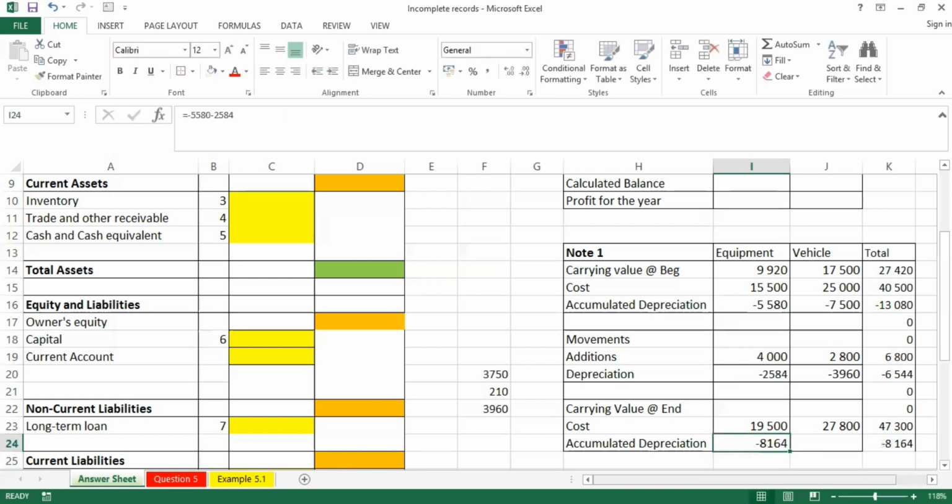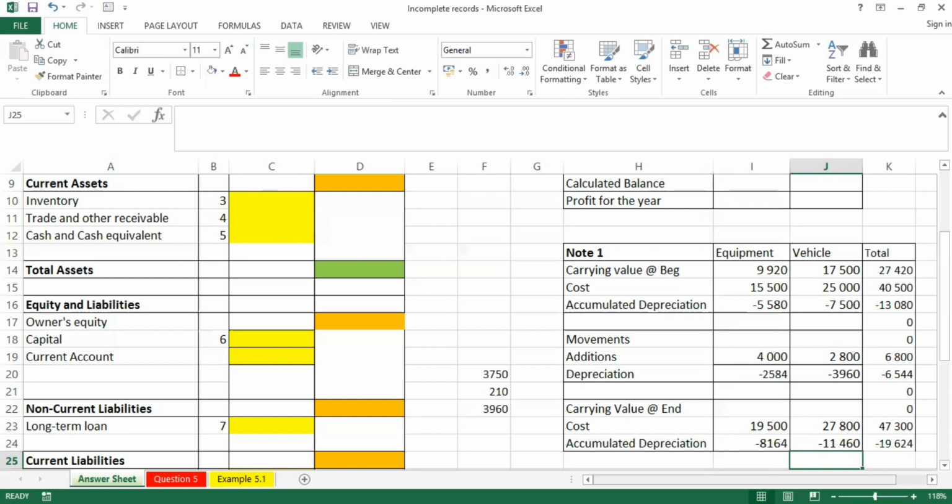Enter, which is negative 8,000. And then same thing here. Squares to negative 7,500 minus the 3,960. Then we get what? Our total. Then we get our total.